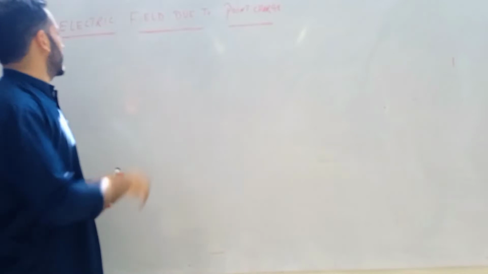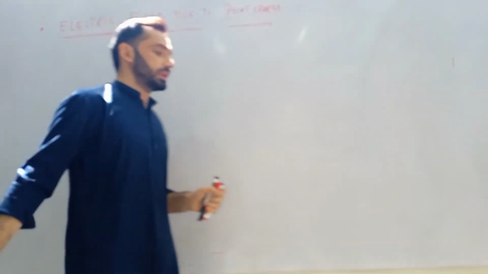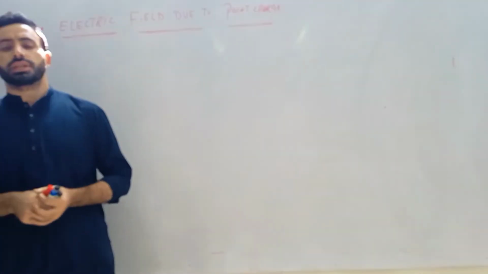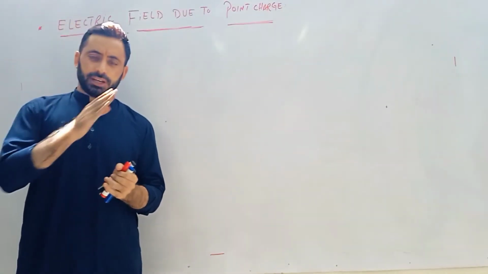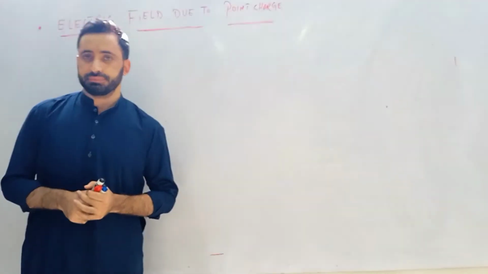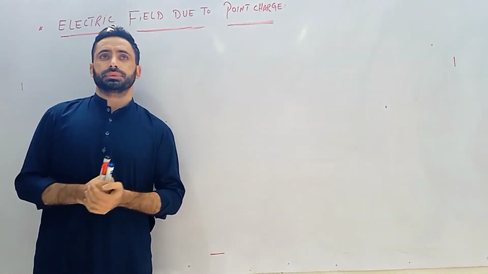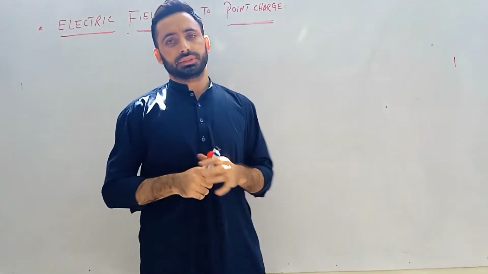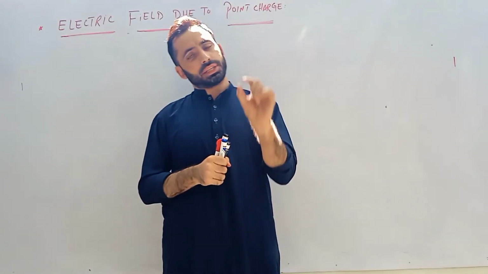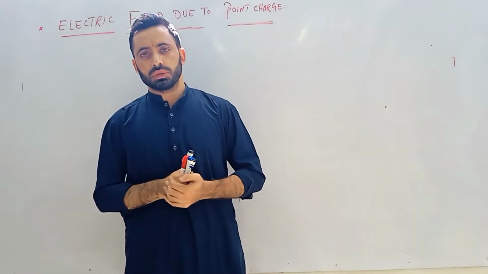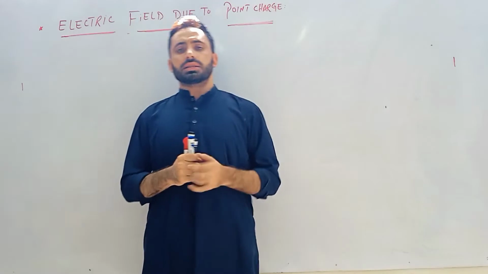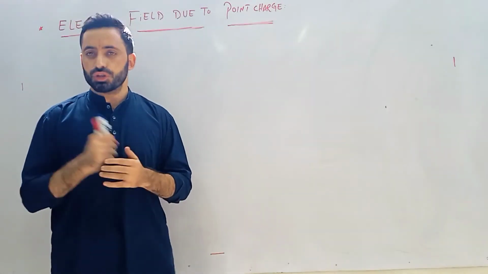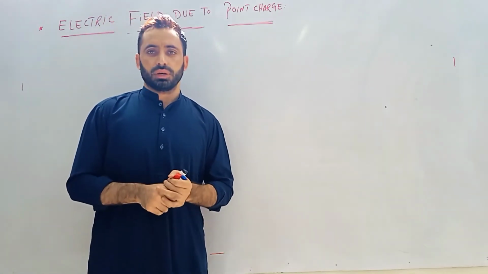Number electric field due to a point charge. Electric field intensity, the field strength. Or rather, at a point, we place a test charge. Whether the field is there or not, the test charge feels the same kind of force.